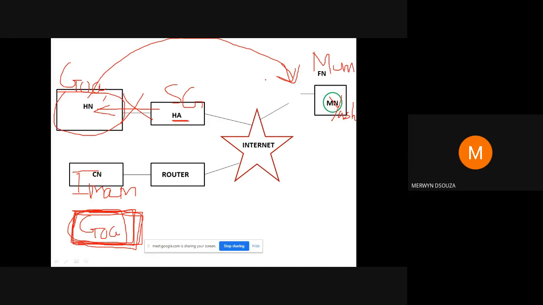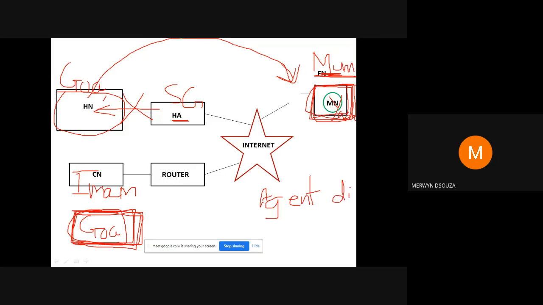Now when he goes to a new place, Mumbai, obviously he is in a new network, a new building, so he has to find the security guard of this building. That process of finding the security guard of this complex or network is known as agent discovery.